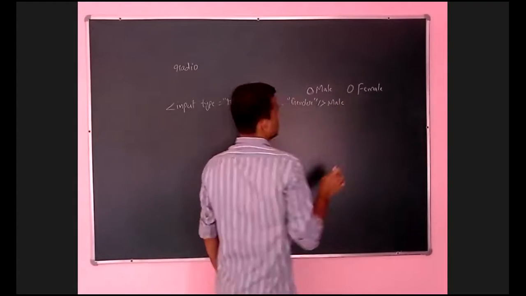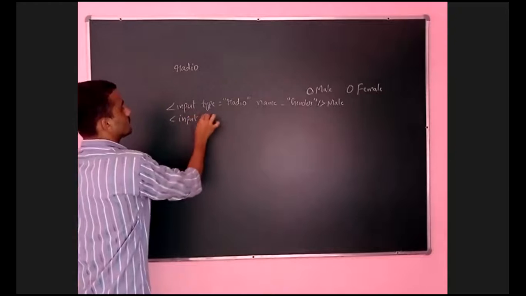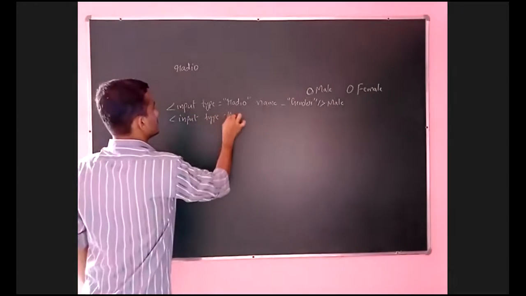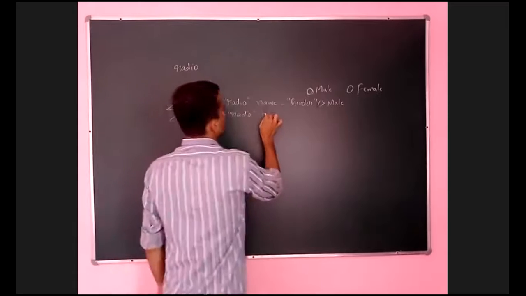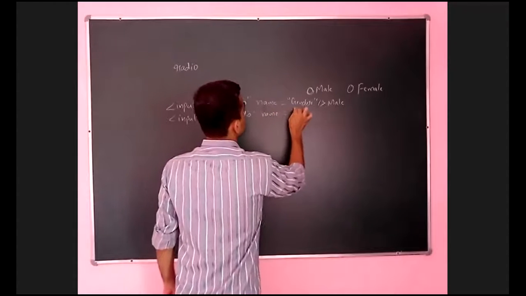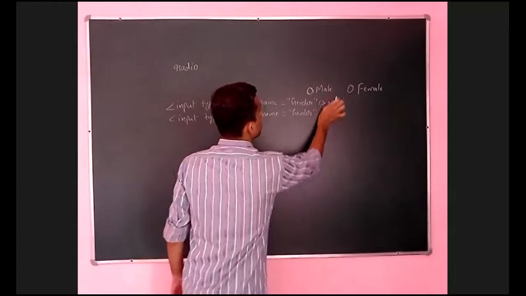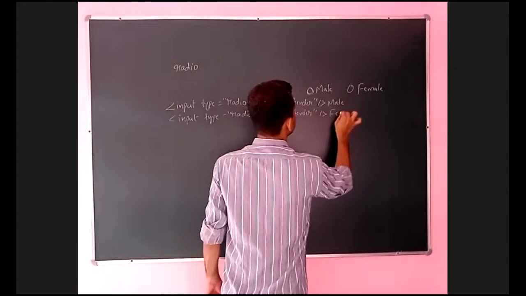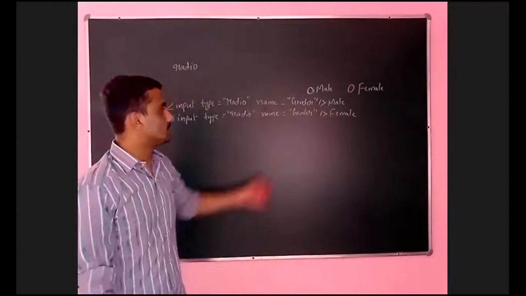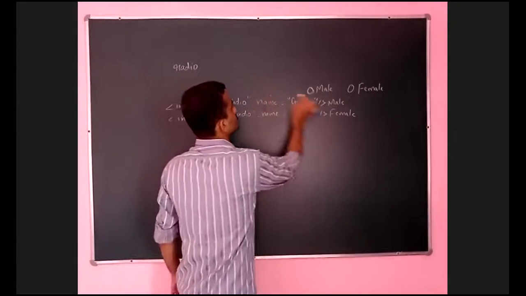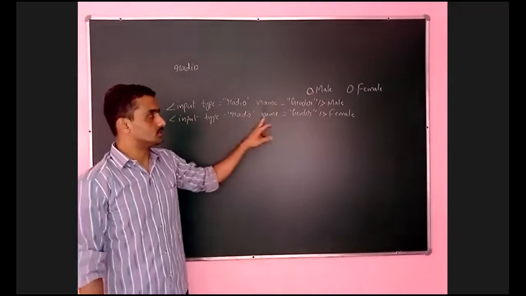Then next, same input type is equal to radio, name is equal to gender, then Indian. So yesterday I was about to write this attribute, that is name, but we were not getting it. So we have to use this name attribute for the radio button. This is very important.